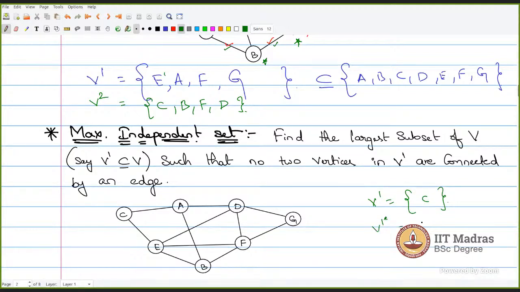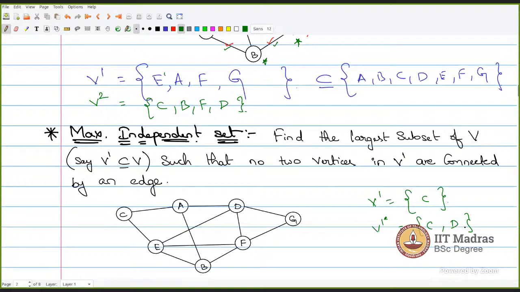Or I can choose vertex C and vertex D. So there are two vertices in my set V1 star, and C and D are not connected by a direct edge. So I can say this is an independent set.